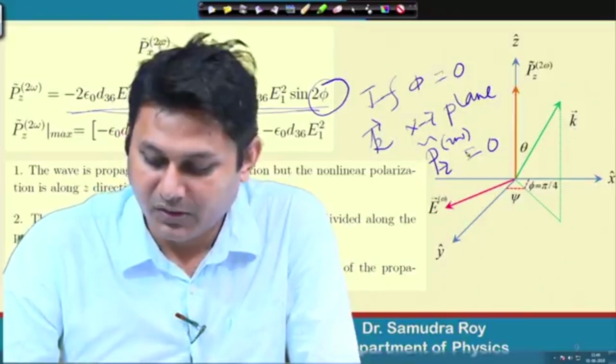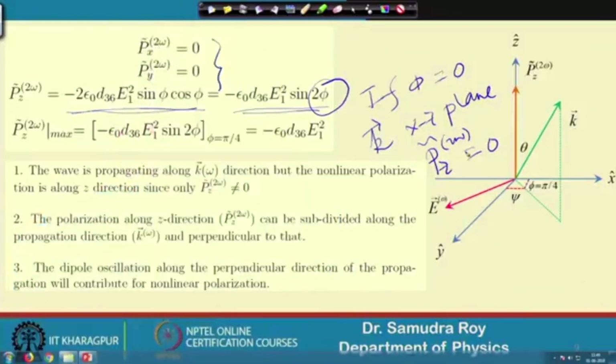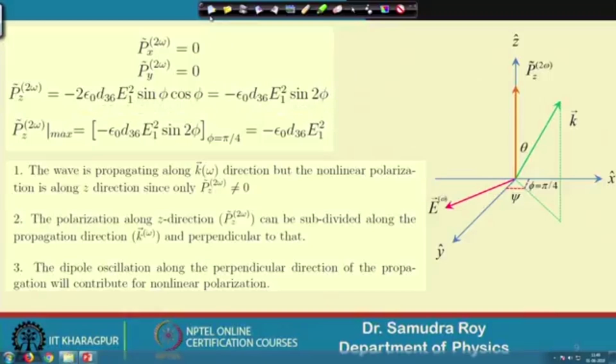So, here we will see that this phi is an important term, because if it is 0 then P z is 0. That means if I change this orientation of k, then there is a possibility that I can maximize this P z, because it is depending on phi.